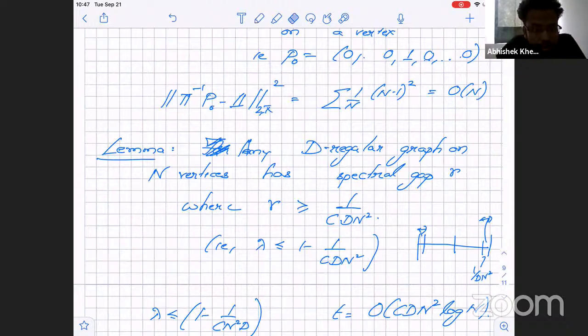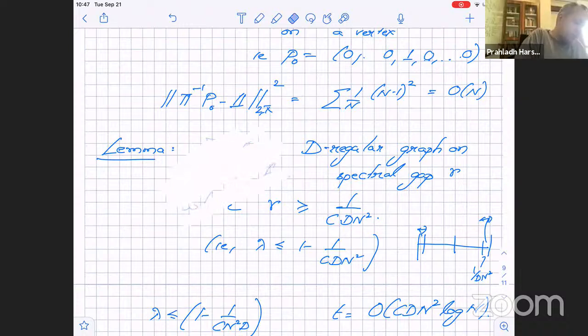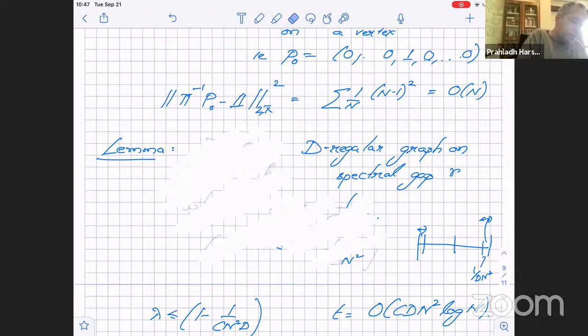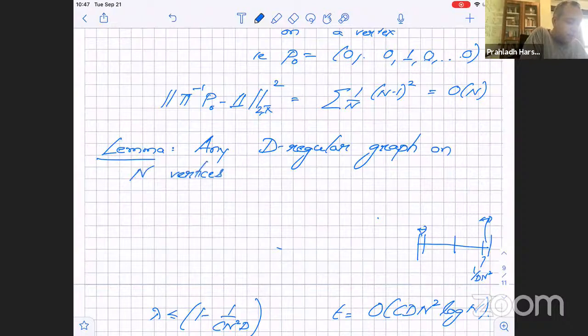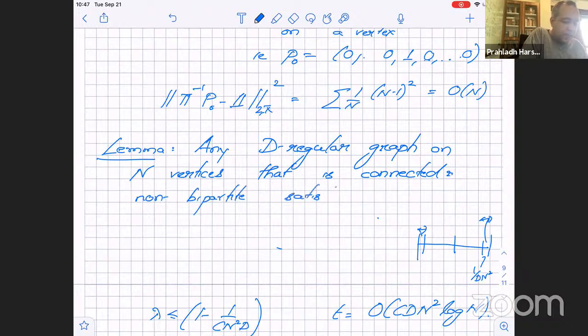So I should mention this. Let me restate this whole theorem. Any d-regular graph on n vertices, to take off the two extremes, that is connected and non-bipartite, satisfies gamma greater than 1 over cd n squared.